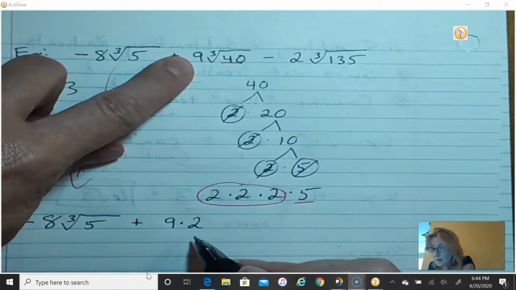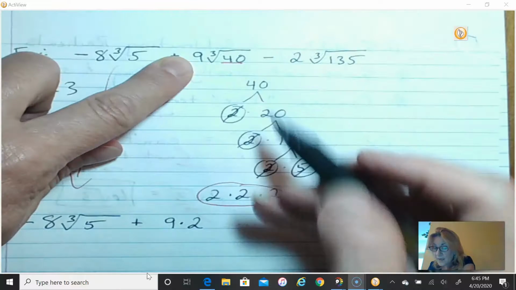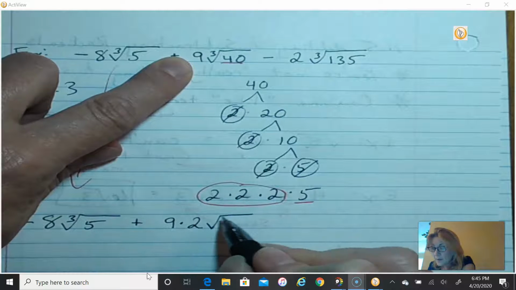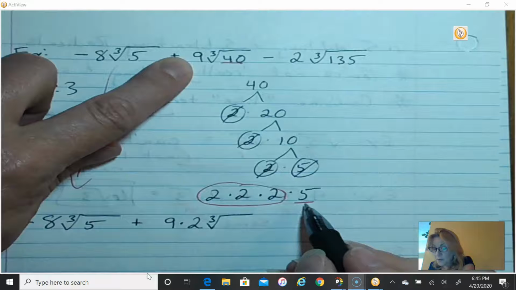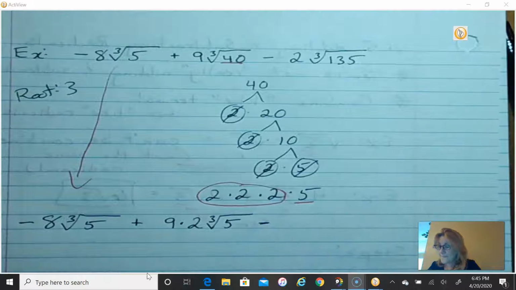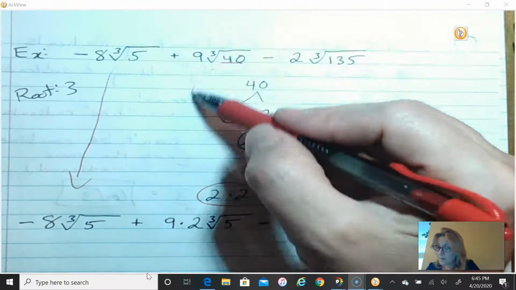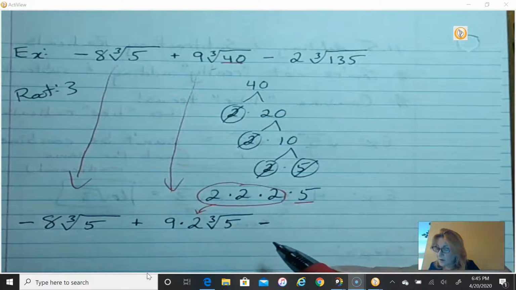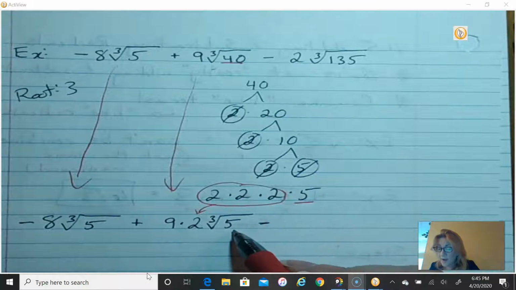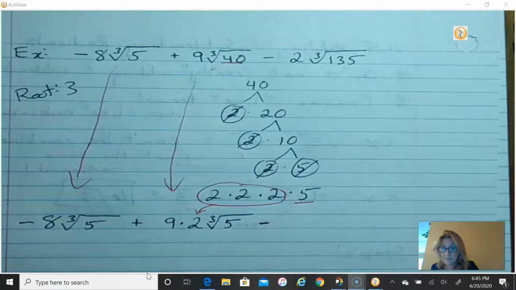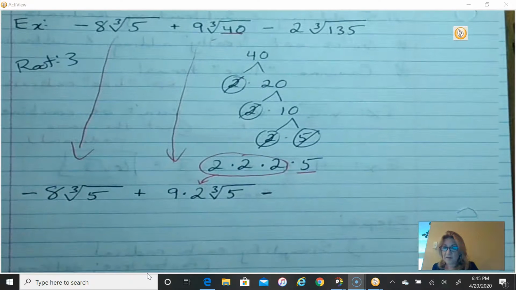So 9, see the 9, times this 2, times cube root, the leftover is 5. So I'm bringing this whole thing down. That 2 is going to go there, and I'm bringing that 5 underneath there because it's your leftover, right? All right, so we're going step by step.